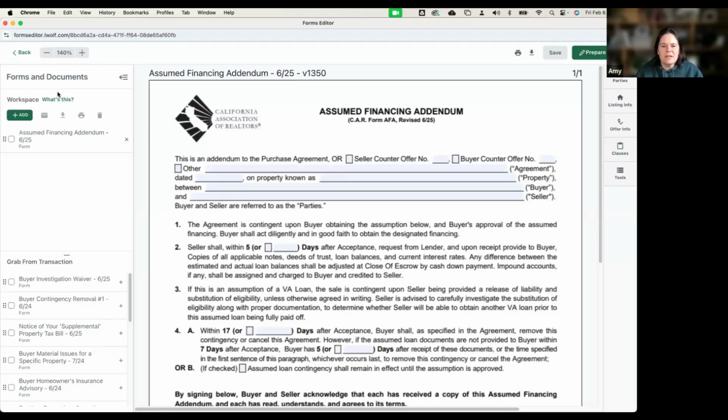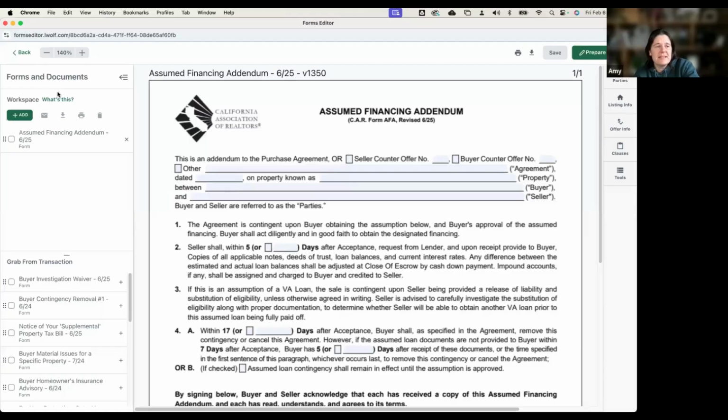So the default on a VA loan is if I assume the VA loan from Jake, Jake's eligibility is not reinstated. I am holding up his eligibility to be able to use his VA loan to purchase forward. So that is the default.